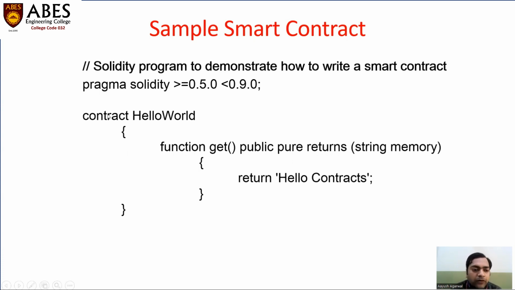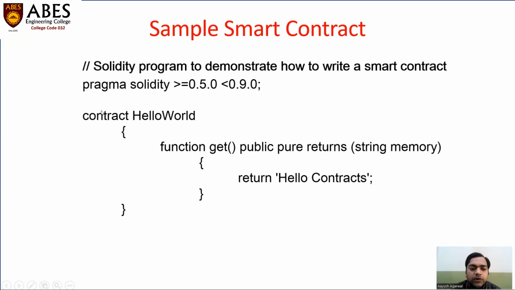So you have to write contract, and then the name of your contract, right? You start your code just like a function, right? So in that we have used this code. This is a program to write a smart contract which will return hello contract as a string. Simple. So the very first smart contract or very first program in Solidity is to execute or print hello contract, right?